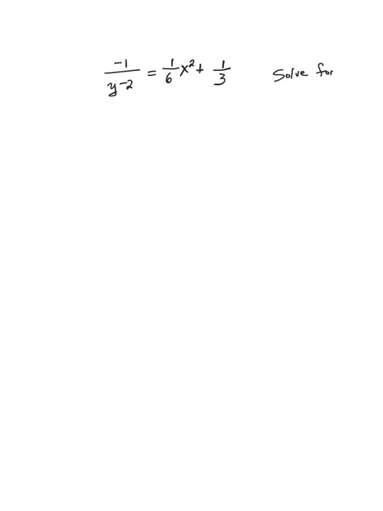So let's think about the best way to solve for y. Well, I think because we have so many fractions here, let's get the fractions with a common denominator of 6. So we'll get negative 1 over y minus 2 equals, the common denominator is 6. So 1/6 x squared is x squared over 6. And then I have to multiply the 1/3 by 2 over 2.